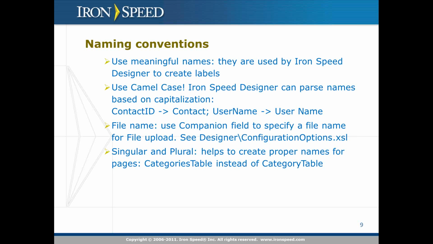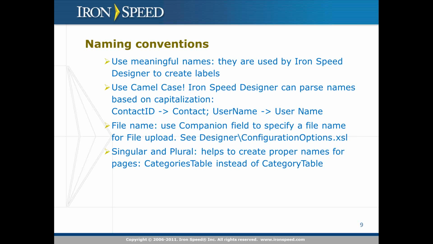Also, there are special tools to save, for example, the name of the file. If you have, for example, an image field or some blob or binary field, and you have an upload control where you can upload this image into the database, you also might want to save the name of the file which was used to upload this information. Again, if you have proper names for the fields, IronSpeed Designer can automatically recognize that you have a special field to keep this file name.